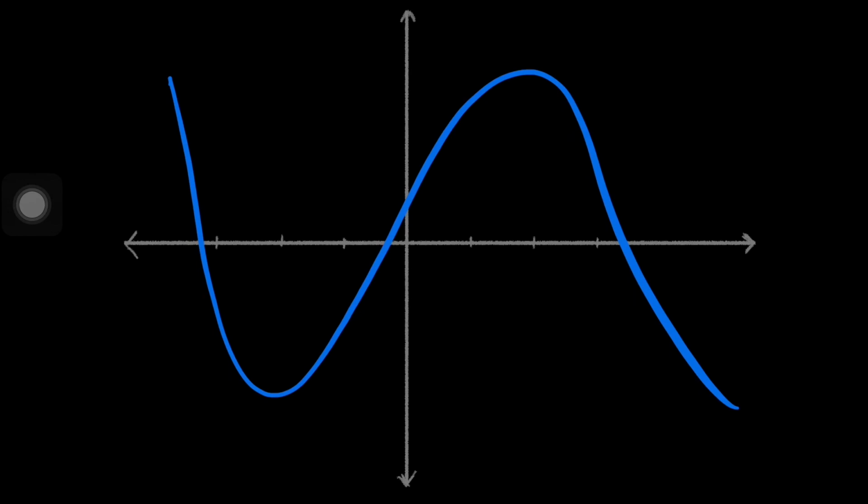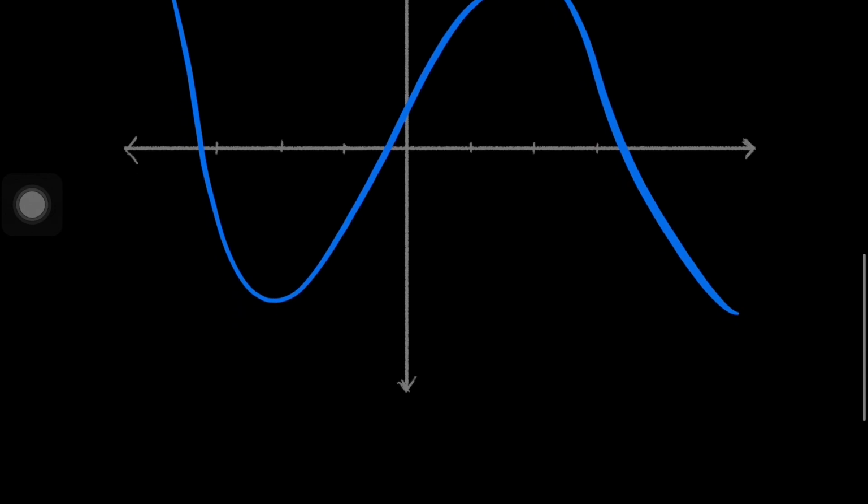Now, for point of inflection, the point of inflection is the point in the curve where the concavity of the curve changes from concave upward to concave downward. Since we can relate y prime as the rate of change of the function y, then we can also say that y double prime is the rate of change of y prime as x increases.